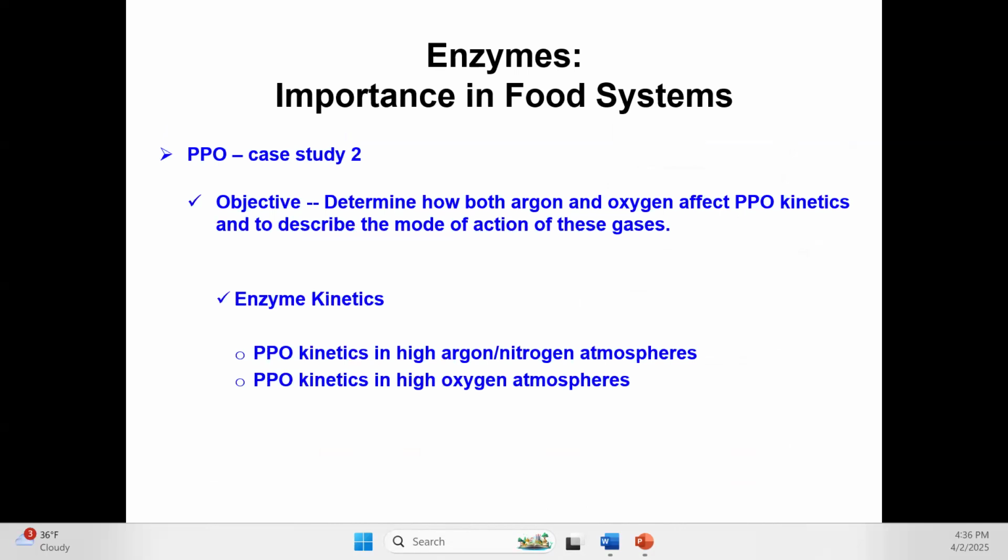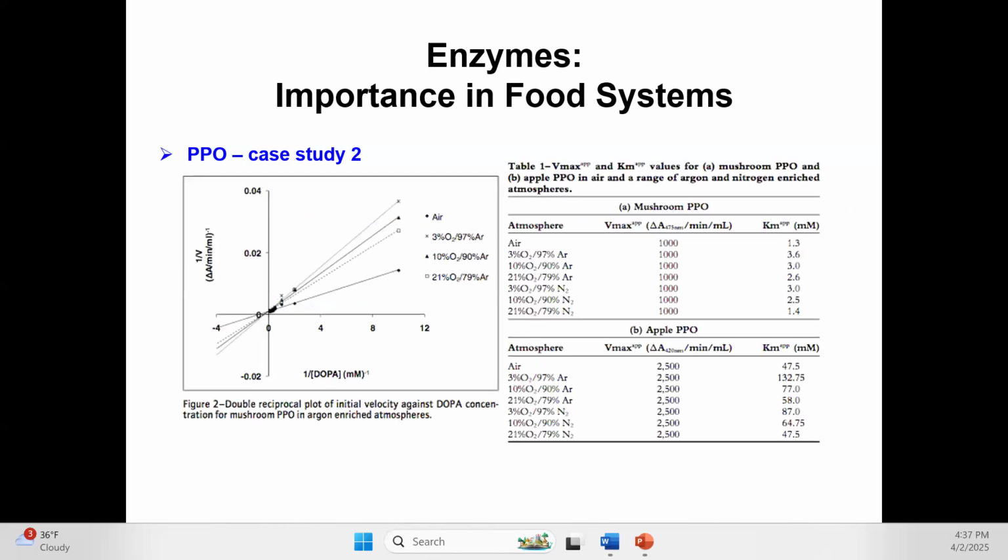I think this is my last example. The other case study here, they looked at active packaging, so changing the environment in the package to replace air by argon, and determined how that works.